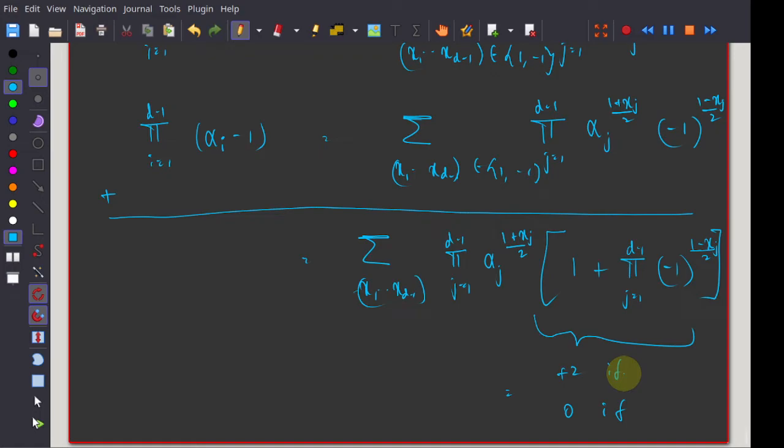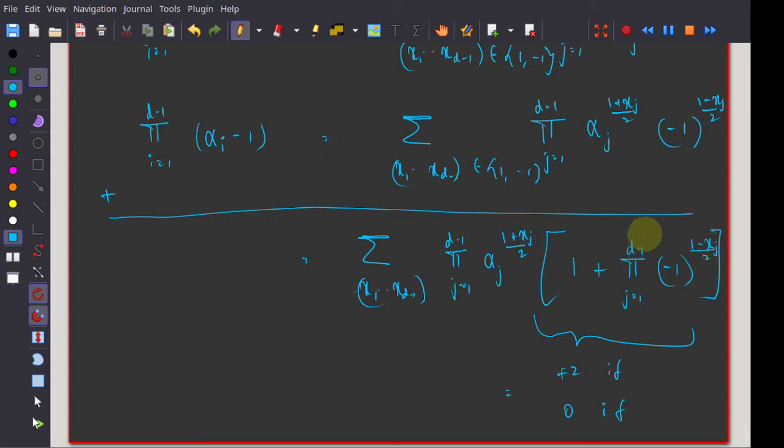So remember, you're multiplying a bunch of minus 1s, right? So you want this product to be equal to plus 1. For this to happen, how many minus 1s can you have? So remember, this product is either minus 1 or plus 1, depending on xj, right?